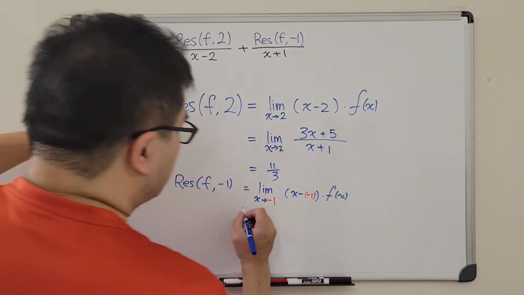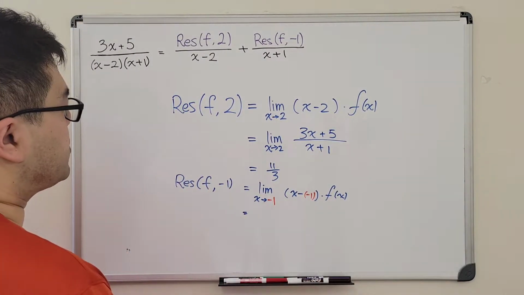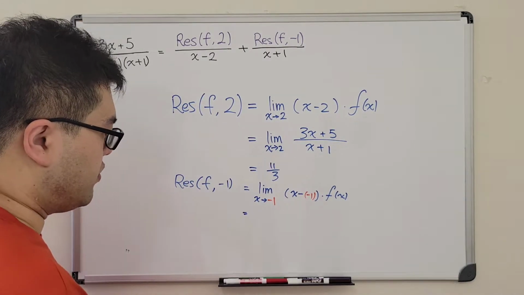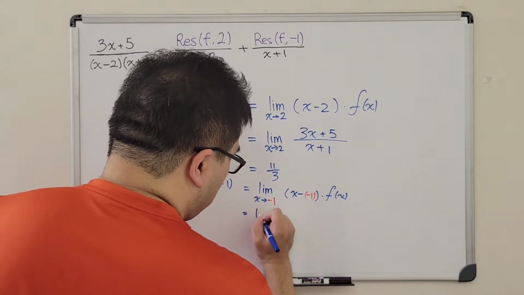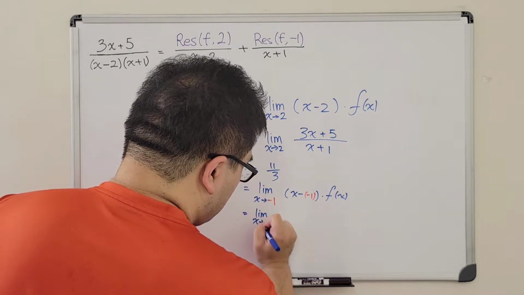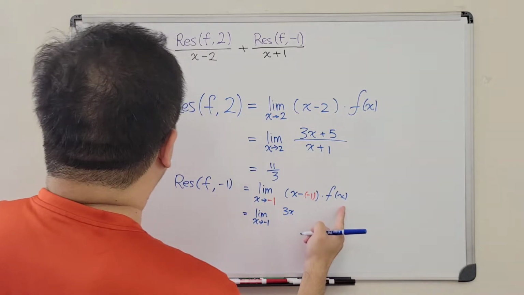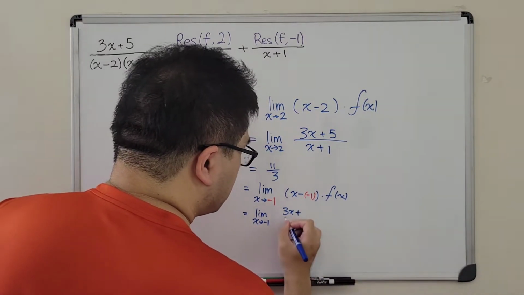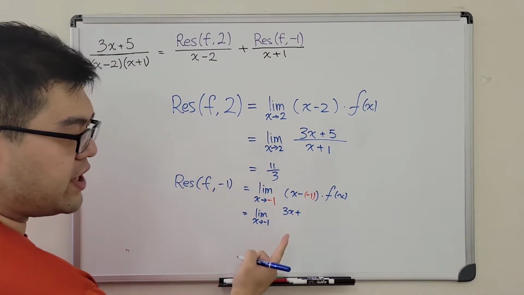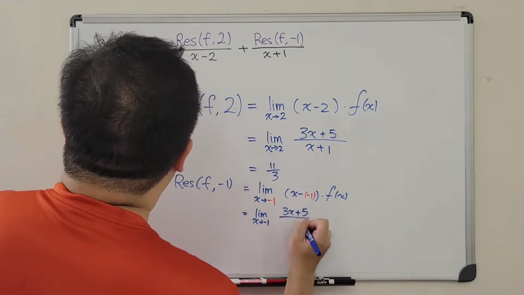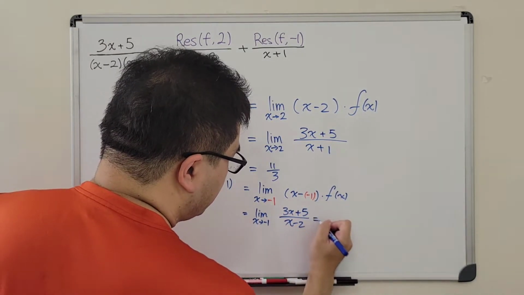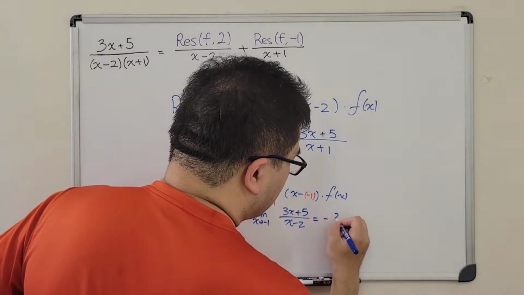Then everything else will be non-zero, which will give us the so-called remainder or the residue. So we now get the product right here becomes (3x plus 5) over (x minus 2). And if we simplify it, we get -2/3.